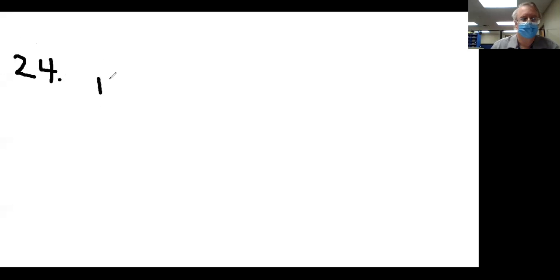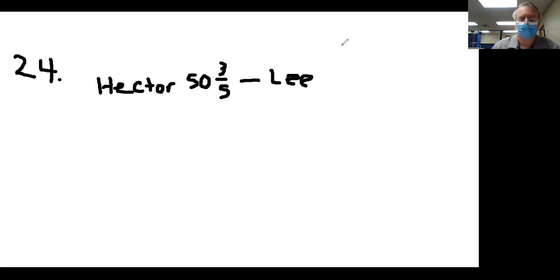Well, let's put Hector up here. He threw it 50 3/5 feet. And since you want to know how much further, the difference, which means subtraction, than Lee, he threw it 48 1/3.